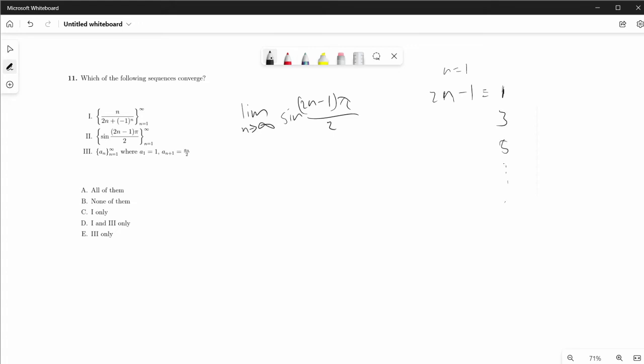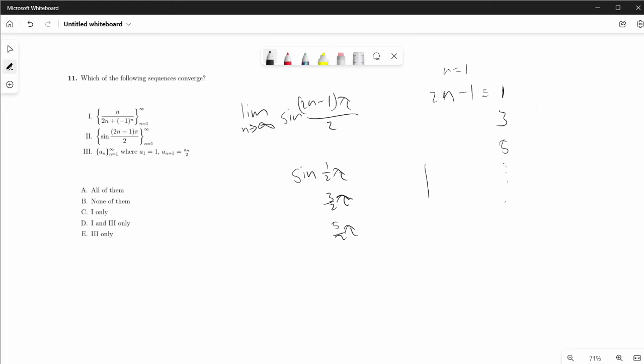These are all odd numbers, and then we have the over 2 in here, so it'll be sine of 1/2 pi, sine of 3 halves pi, 5 halves pi.